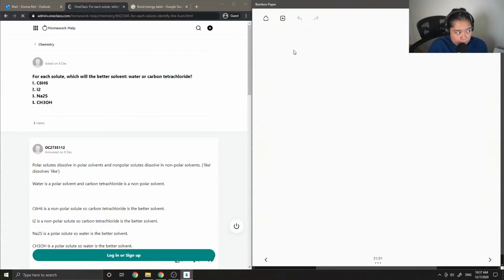Okay, so question 4. For each solute, which will be the better solvent, water or carbon tetrachloride? Okay, so first let's draw our two solvents.